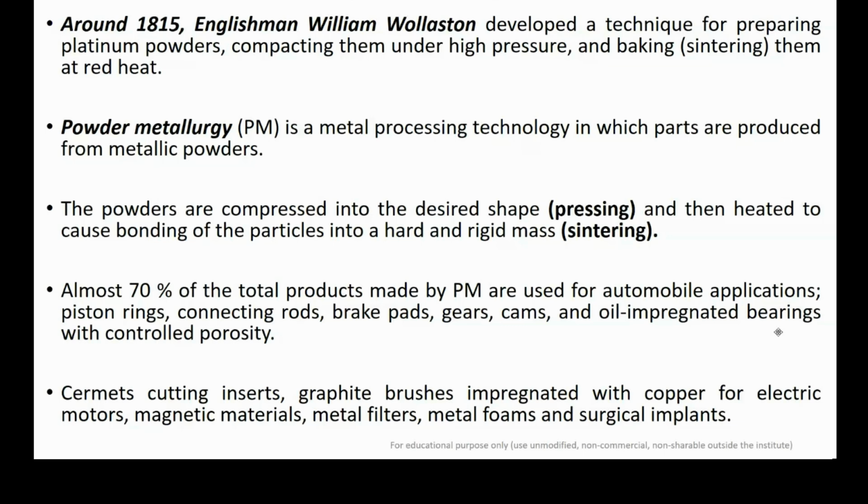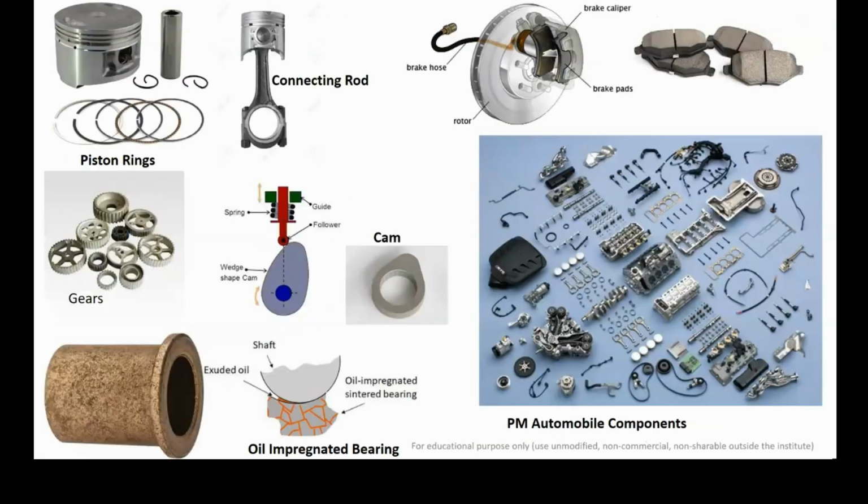Metal foams are special products, very popular nowadays, which you can say are shock absorbing materials. So yes, you can see in this slide the various types of products which we can produce with the help of this process.